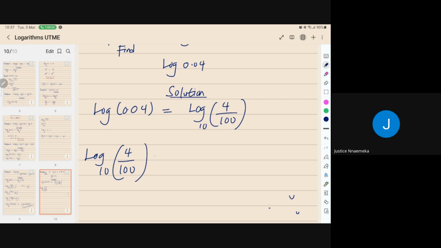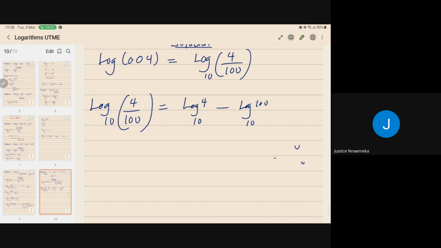So this should be equal to what? I can split it into log 10 of 4 minus log 10 of 100. Okay, now I get your point. Is it clear now? Good. Now I get your question now.